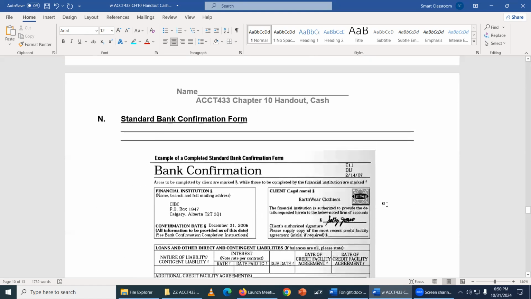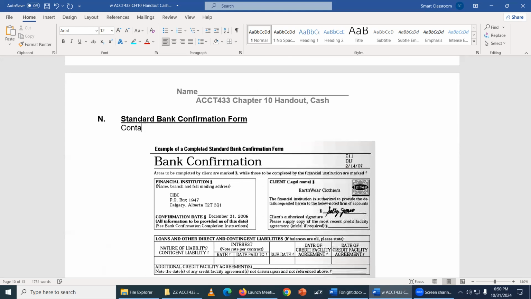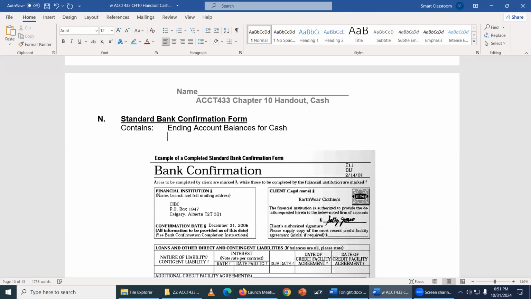Standard bank confirmation. Okay, the bank confirmation, what's on it? It'll have the ending account balances. It does not have all the transactions. It has the ending balances for cash and for any loans.